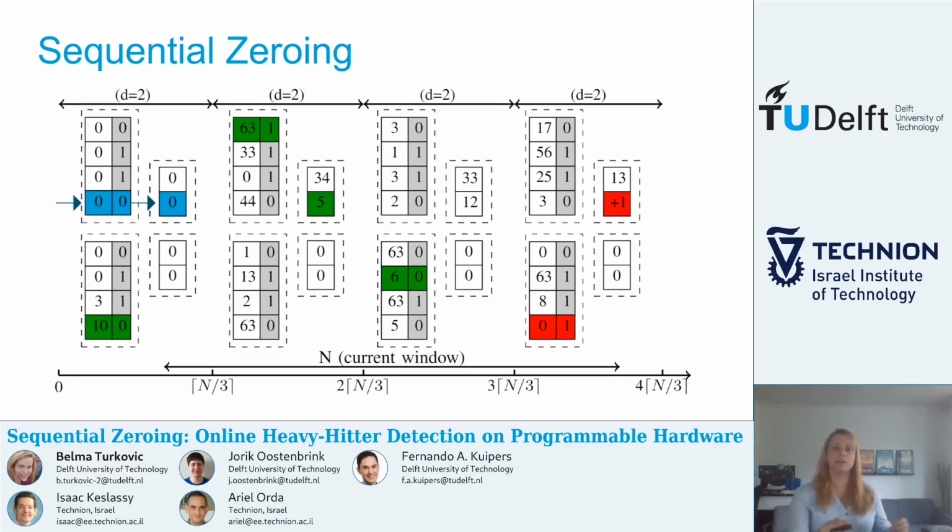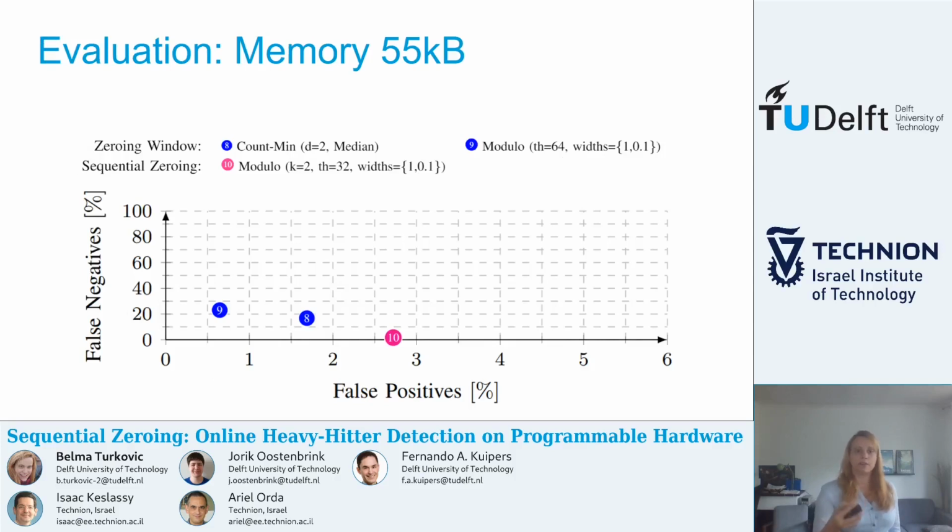So here, in the next interval, we would add packets to the first modulo sketch and zero out the second one. We also evaluated this approach, and this figure shows that our sequential zeroing window with the modulo sketch was able to increase the performance even further, even compared to the sequential window, with a very small amount of false positives and almost zero false negatives.